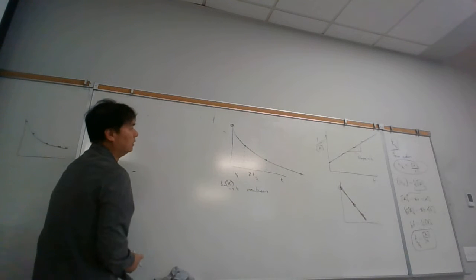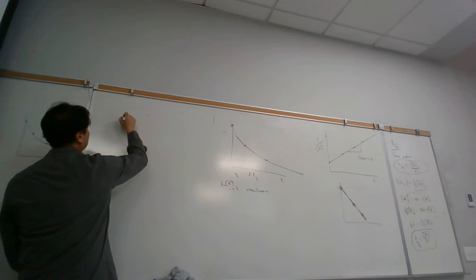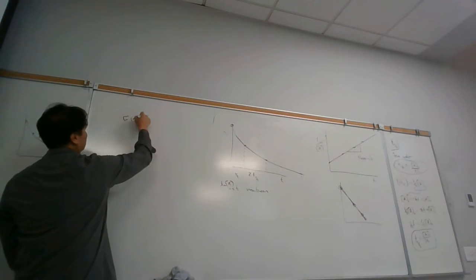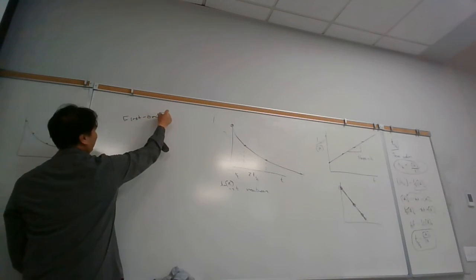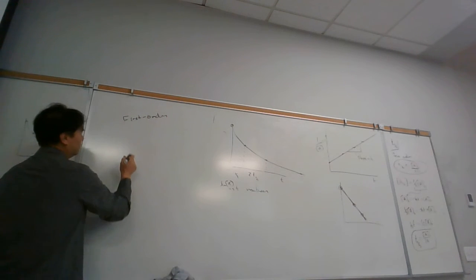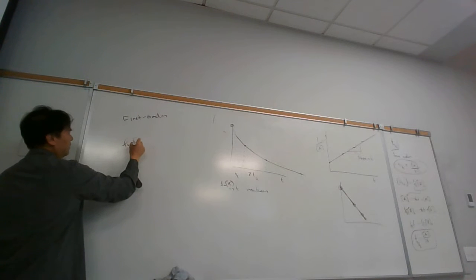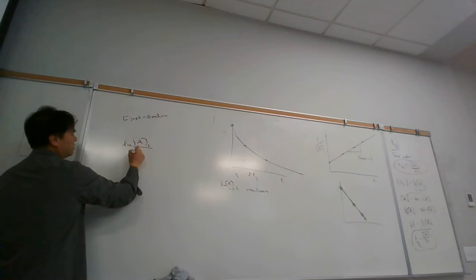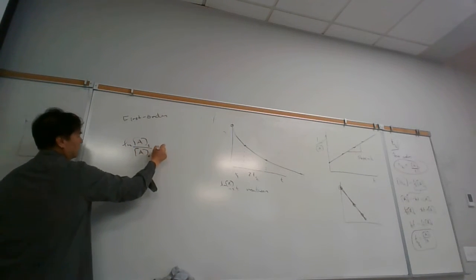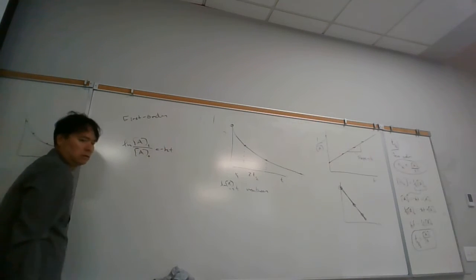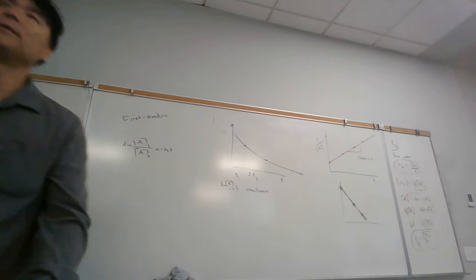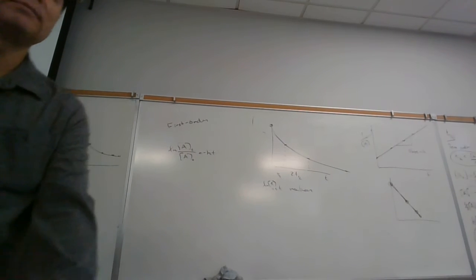Okay, now we go on to first order, and we do the same thing. For first order, it's easy to derive the equation because the equation is ln of [A]t over [A]0. These equations you don't have to memorize. They're given as the integrated rate laws. If you had calculus, you can derive them too.